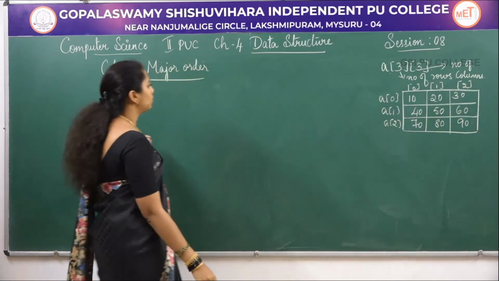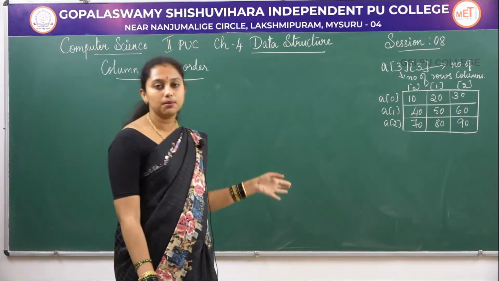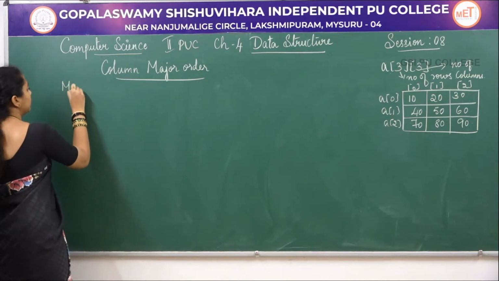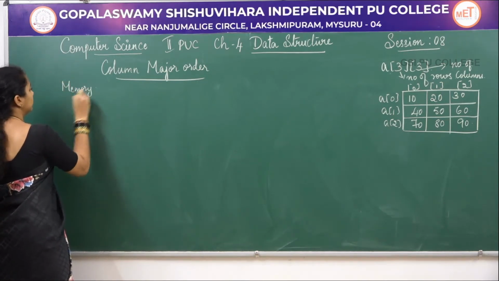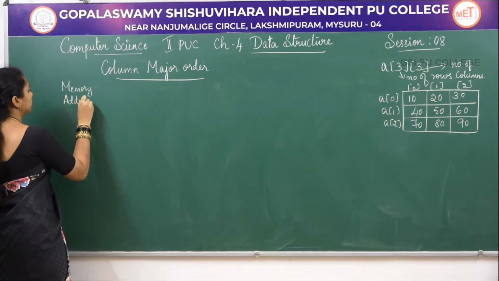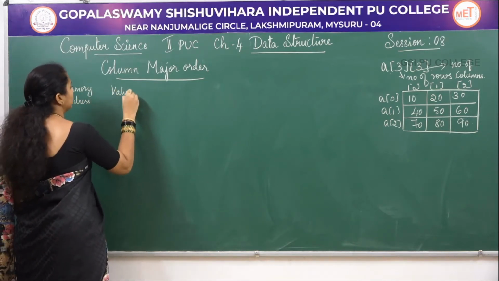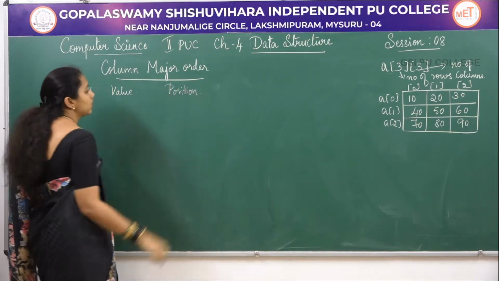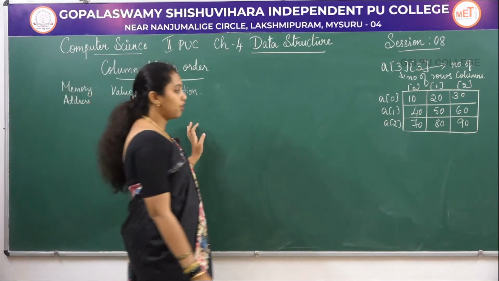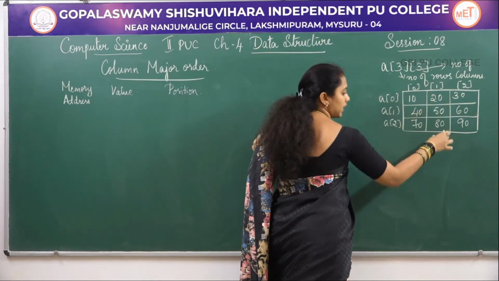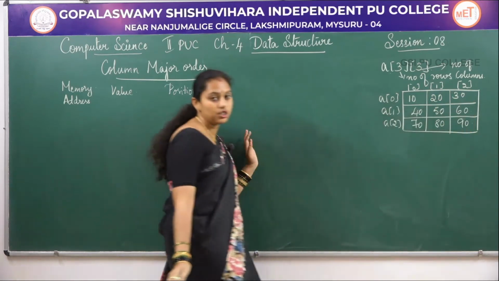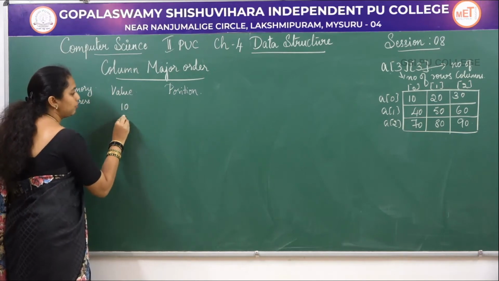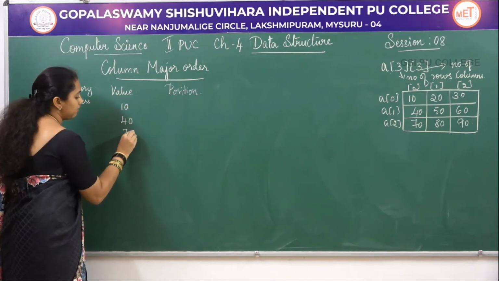Now let's see how to represent the array elements in column major order. In column major order, first we are going to store the elements of first column, then the second column and then the third column. So the first column elements are 10, 40 and 70.